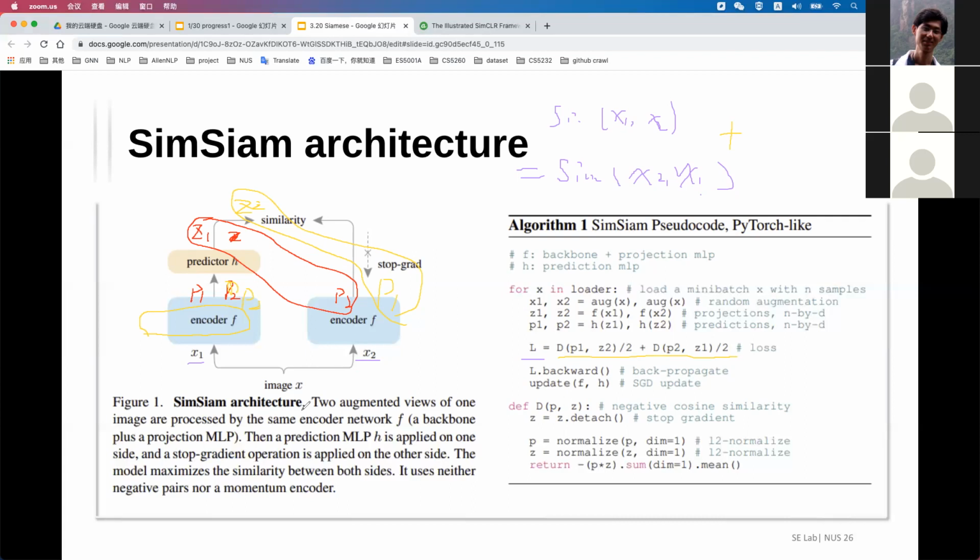Yes, because the encoder is the same. I'm asking whether the predictor will be involved in prediction. You're right, because one branch has a predictor. So I'm asking whether Siamese x1, x2 is equal to Siamese x2, x1. By right, they're supposed to be different, right?